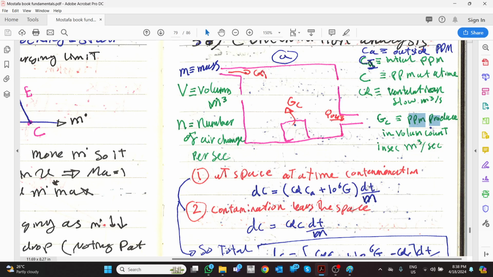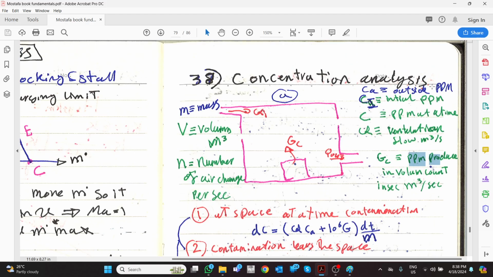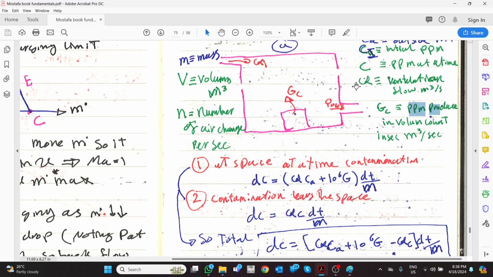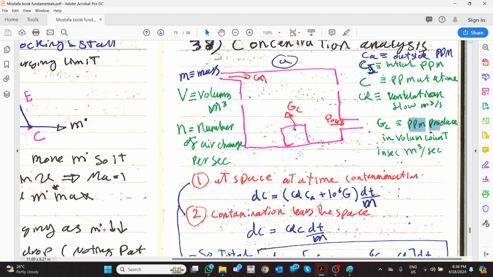By the way, the mass can go here, and the concentration, we know, is ppm: mass of CO2, for example, divided by mass of air. So if the mass of air is multiplied by the concentration, it becomes mass of CO2.